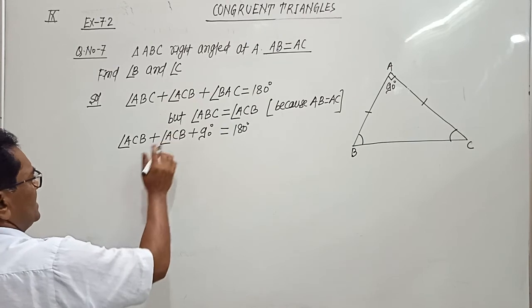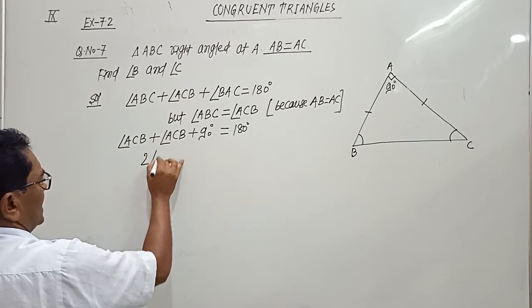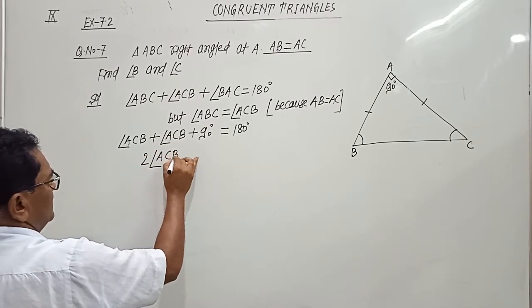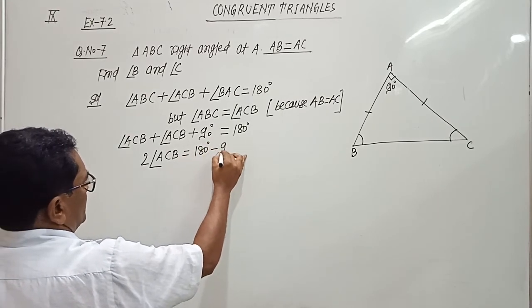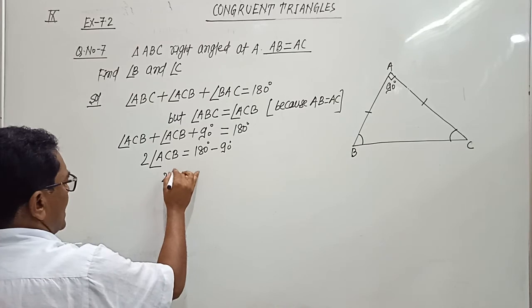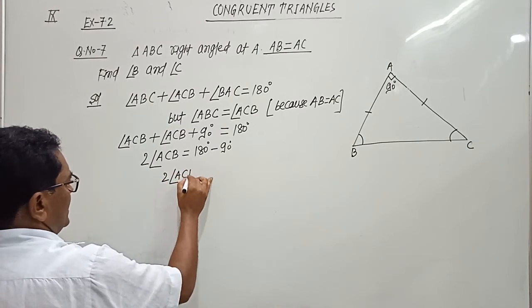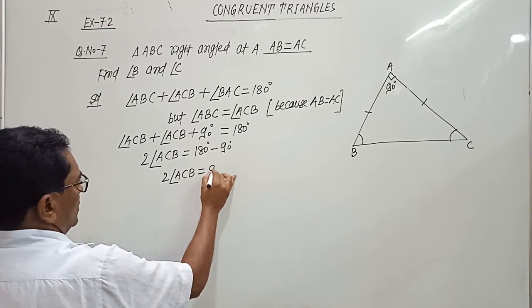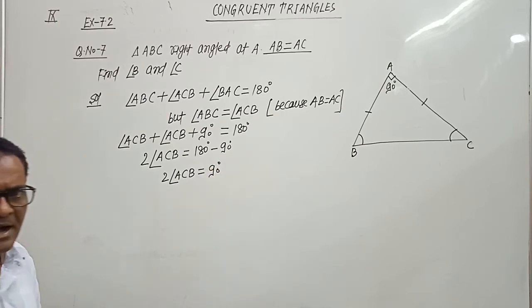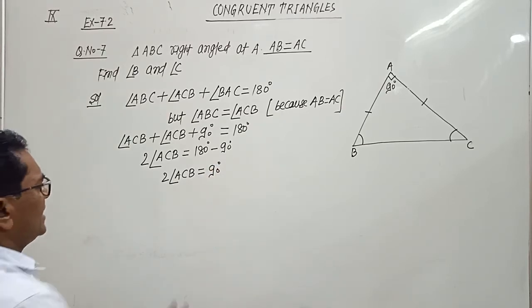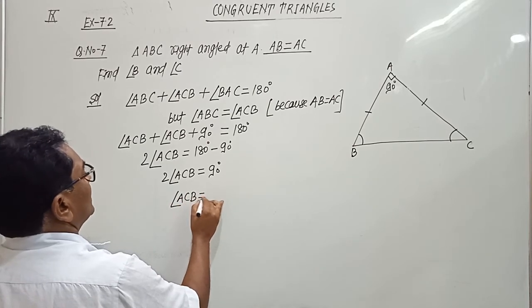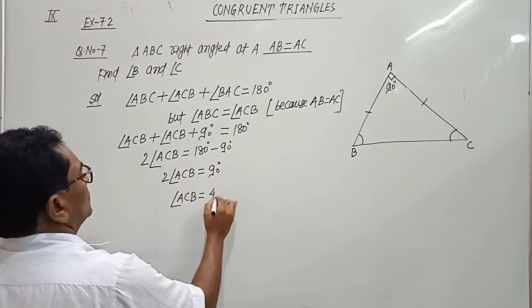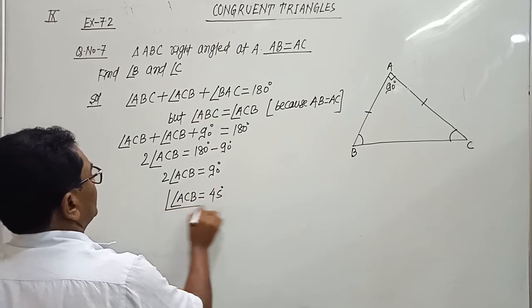So ACB plus ACB, it becomes twice angle ACB equals to 180 degree minus 90 degree, and twice angle ACB equals to 180 degree minus 90, which is 90 degree, and angle ACB comes to be 90 upon 2, 45 degree.